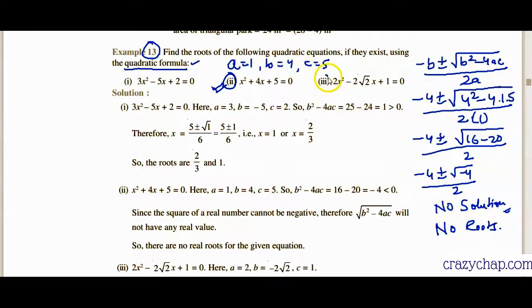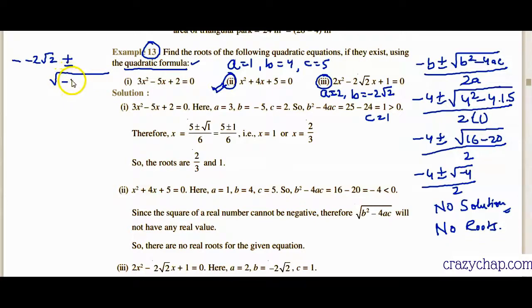Have a look at number 3. Again same concept. A value is 2 and b is negative 2 root 2 and c is 1. So we'll be using the quadratic formula. So we get negative b, so it is minus negative 2 root 2 plus minus square root of b square.